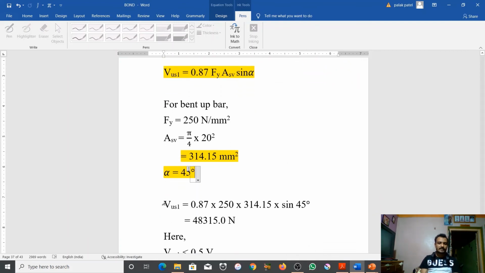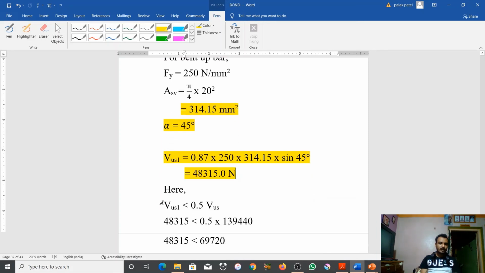So Vus1 is equal to 0.87 into 250 into 314.50 sin 45. So Vus1 is 48,315.0 Newton. So here is one condition, Vus1 is lesser than 0.5 Vus.